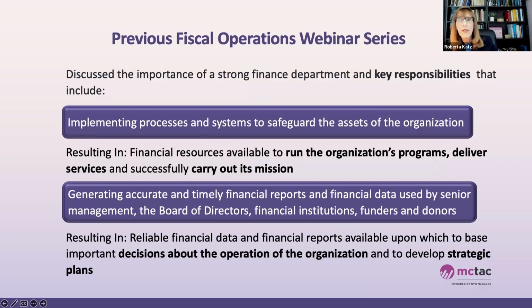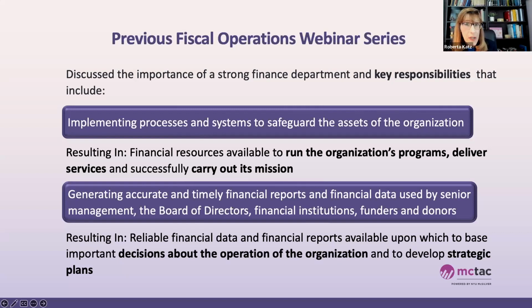So in the previous fiscal operations webinar series that we presented, we discussed the importance of a strong finance department and 2 key responsibilities of a finance department. The first is to implement processes and systems to safeguard the assets of the organization. And by fulfilling this responsibility, financial resources will be available to run the organization's programs, deliver services, and successfully carry out its mission.